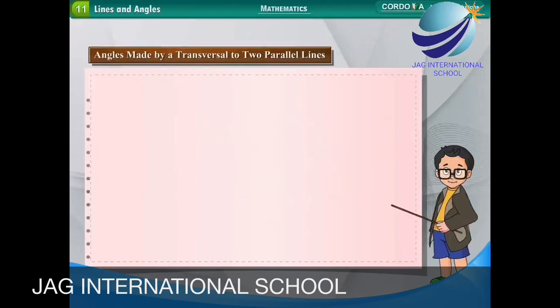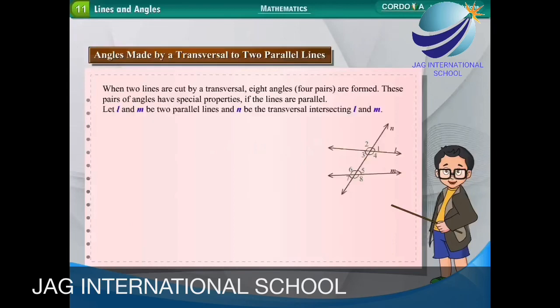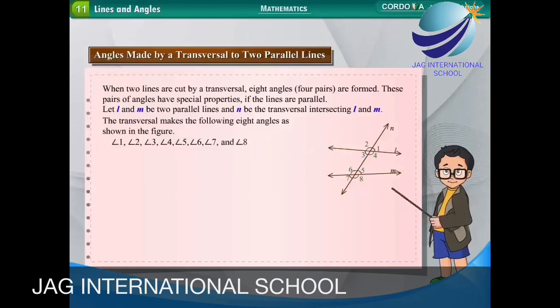Angles made by a transversal to 2 parallel lines. When 2 lines are cut by a transversal, 8 angles, 4 pairs are formed. These pairs of angles have special properties if the lines are parallel. Let L and M be 2 parallel lines and N be the transversal intersecting L and M. The transversal makes the following 8 angles as shown in the figure: angle 1, angle 2, angle 3, angle 4, angle 5, angle 6, angle 7 and angle 8.